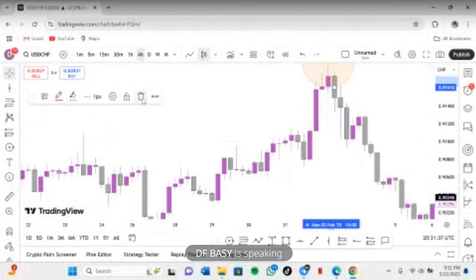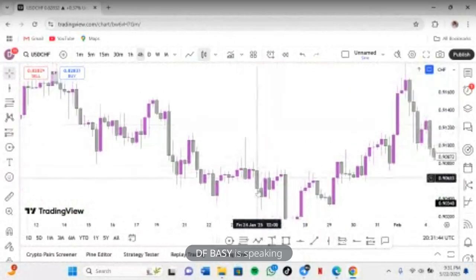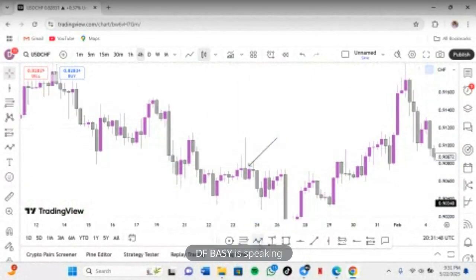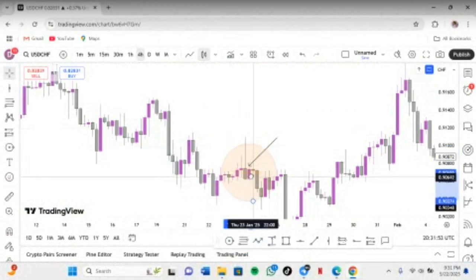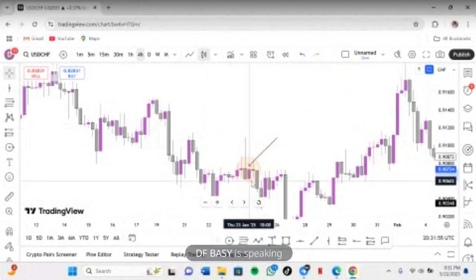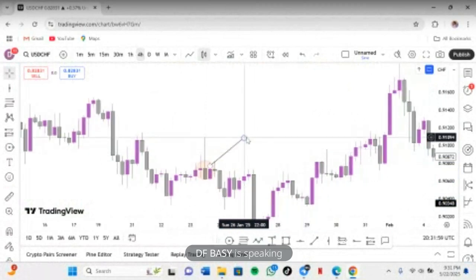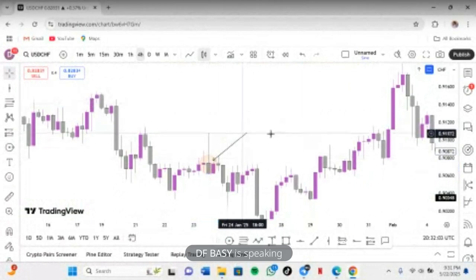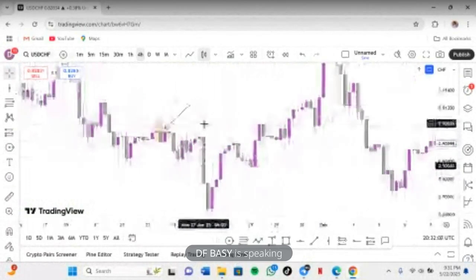This is the hammer here. This is the inverse hammer here. You can see there, right? This one, that's the inverse hammer. Then you have the regular hammer, which is this guy.